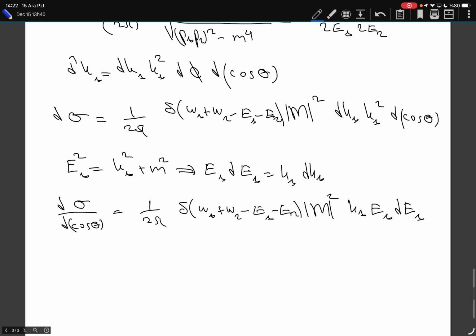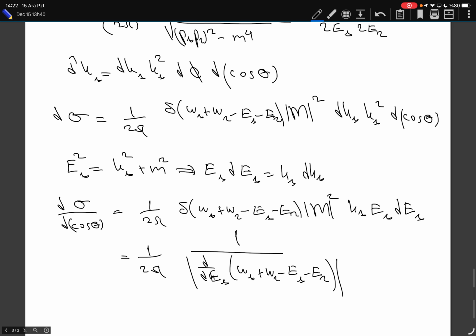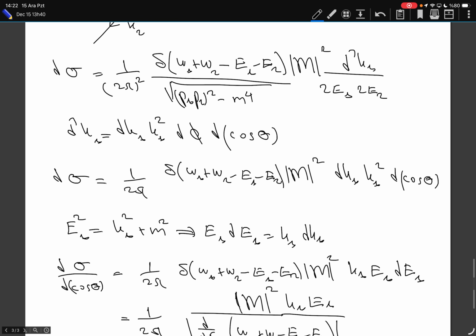Now I can evaluate the E1 integral using the remaining Dirac delta function, which will give me 1 over 2π, 1 over the absolute value of the derivative with respect to E1 of ω1 + ω2 − E1 − E2, the invariant matrix element squared, and I have k1 times E1. I forgot this factor, the initial flux.